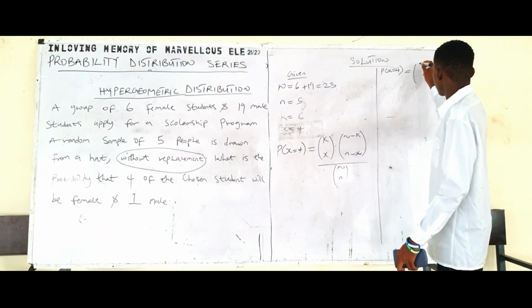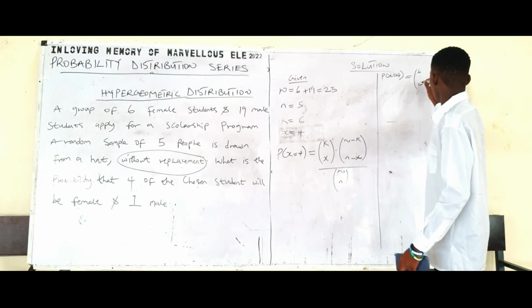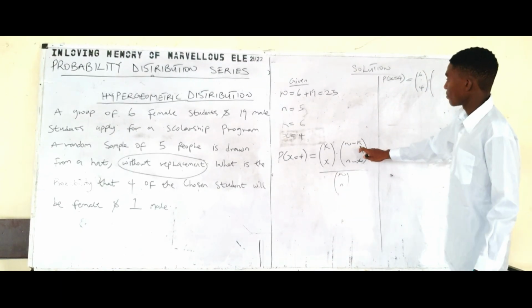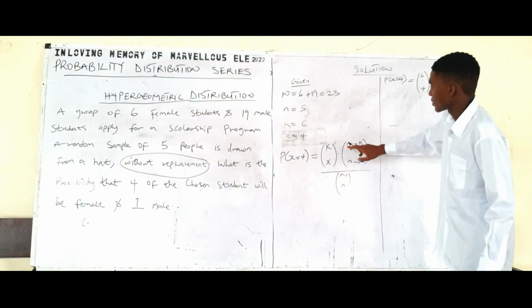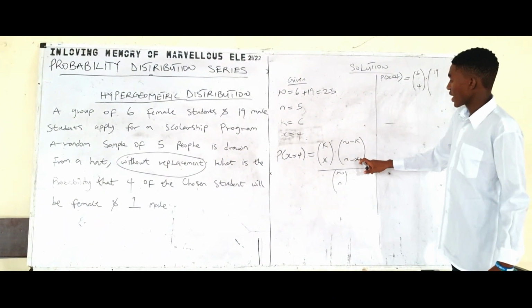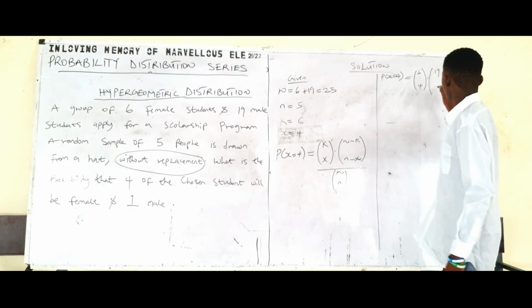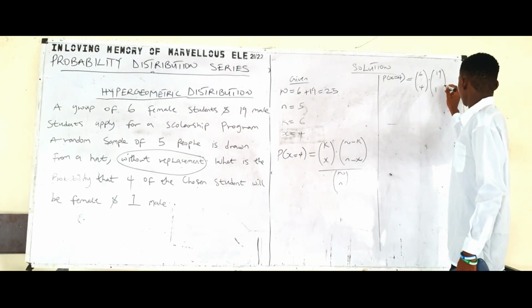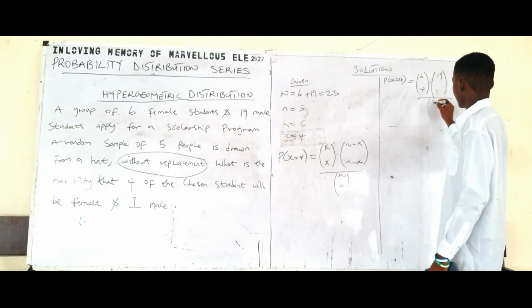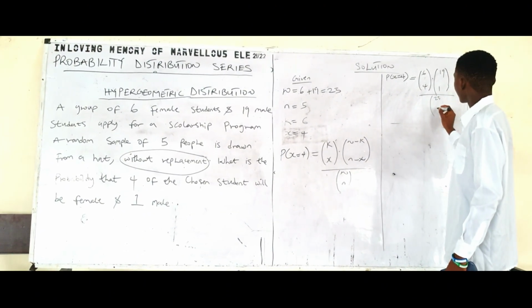K is 6, X is 4, N minus K is 25 minus 6, which is 19, and small n minus X is 5 minus 4, which is 1, all over 25 combination 5.